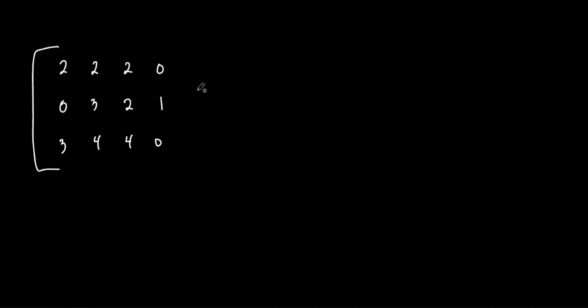So what do we got? We got 2, 2, 2, 0. We got 0, 3, 2, 1. We got 3, 4, 4, 0. Okay? So that's our one thing. They call that T, all right?